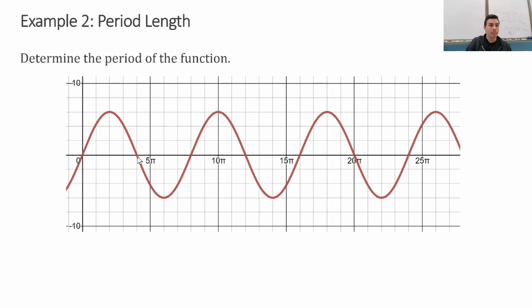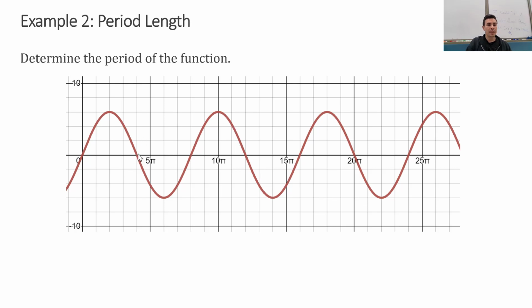But be careful, because this whole bowl shape on my graph hasn't repeated anything yet. I've got the top half of my curve and then the bottom half of my curve, and then we hit 0 again, and then we start repeating from there.